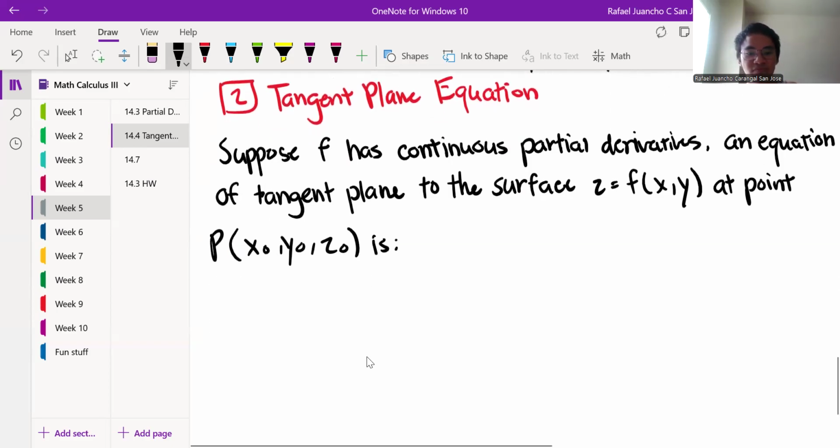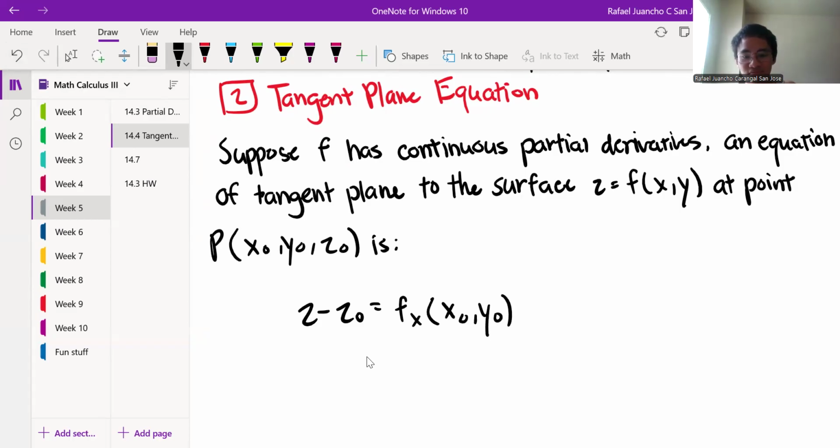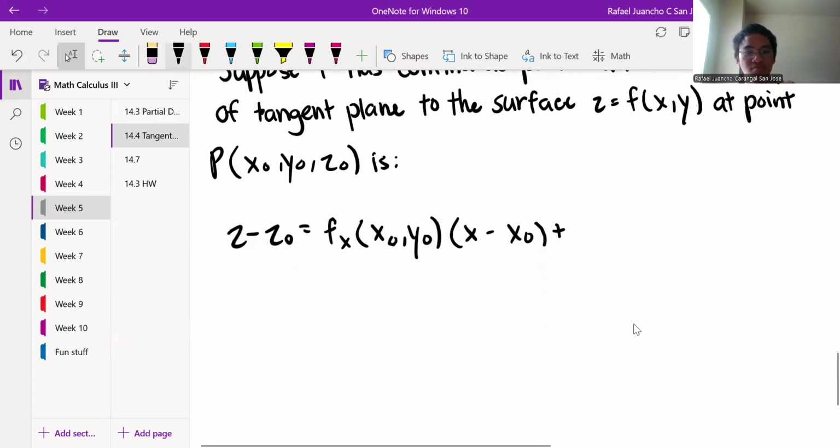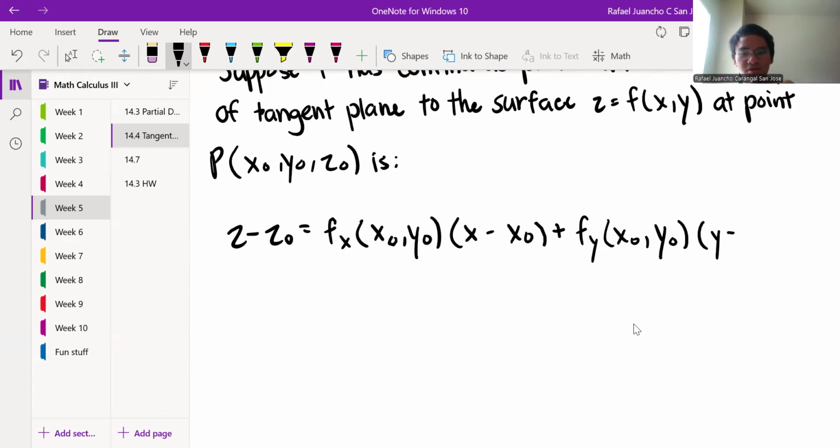And there's our formula. Z minus z naught is equal to our partial f sub x at x naught, y naught, times x minus x naught. We're going to add my b, or instead of b, we call it f sub y, times y minus y naught.